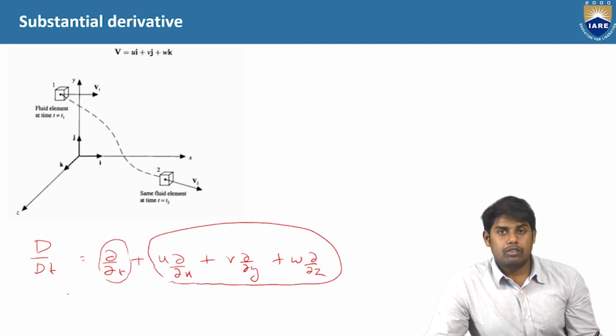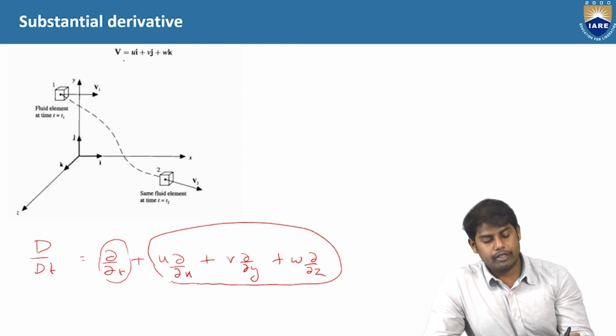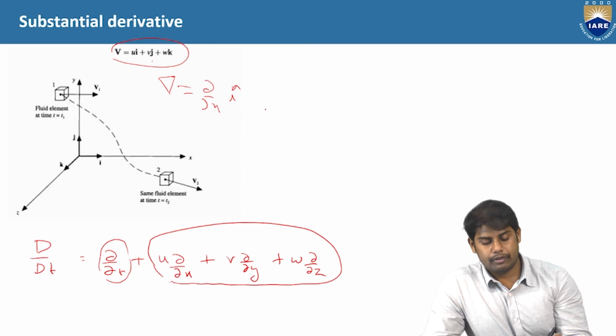Okay, so already it is written that velocity is equal to u i cap plus v j cap plus w k cap. So we have a del operator, which is equal to ∂/∂x i cap plus ∂/∂y j cap plus ∂/∂z k cap.